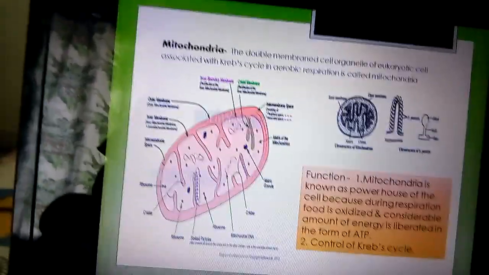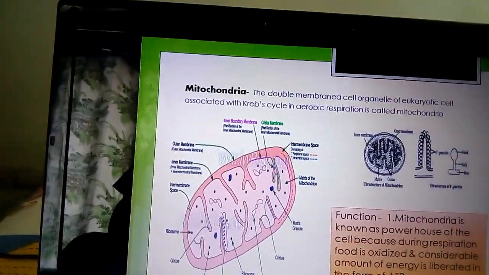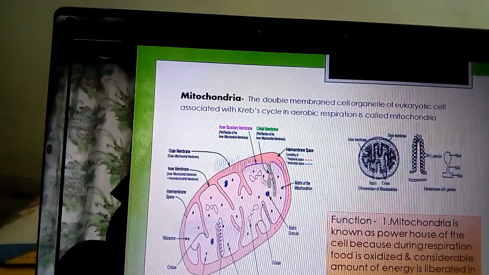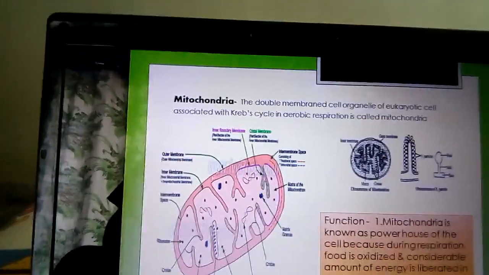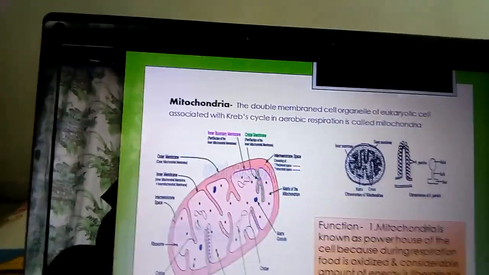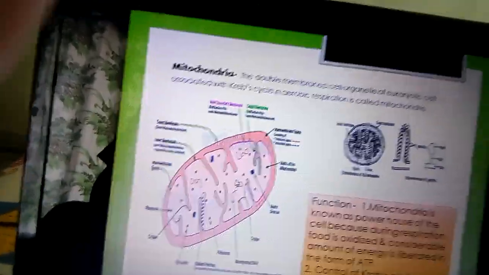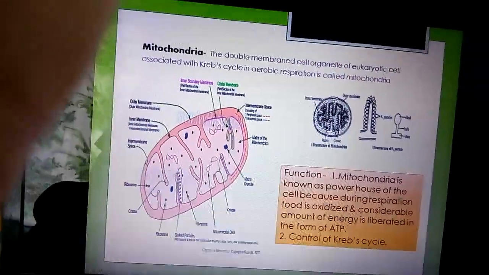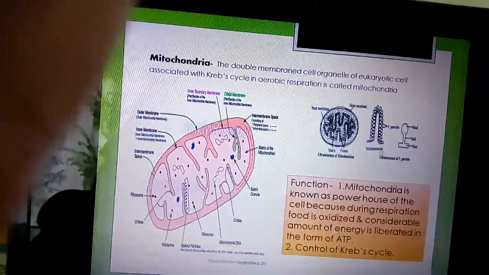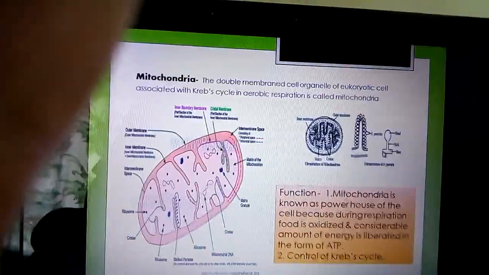The inner space contains DNA. This DNA is known as mitochondrial DNA, meaning the DNA which is found in the mitochondria. In the F1 particle, ATP synthesis takes place.